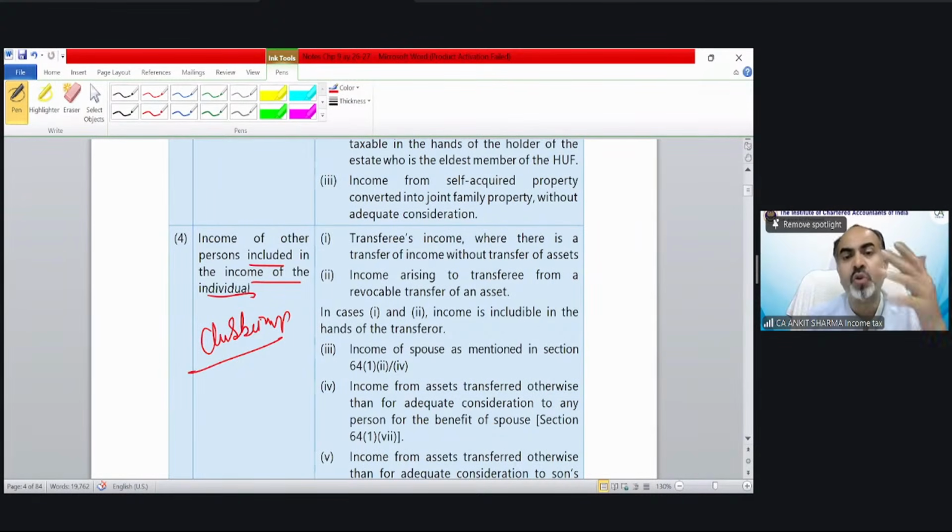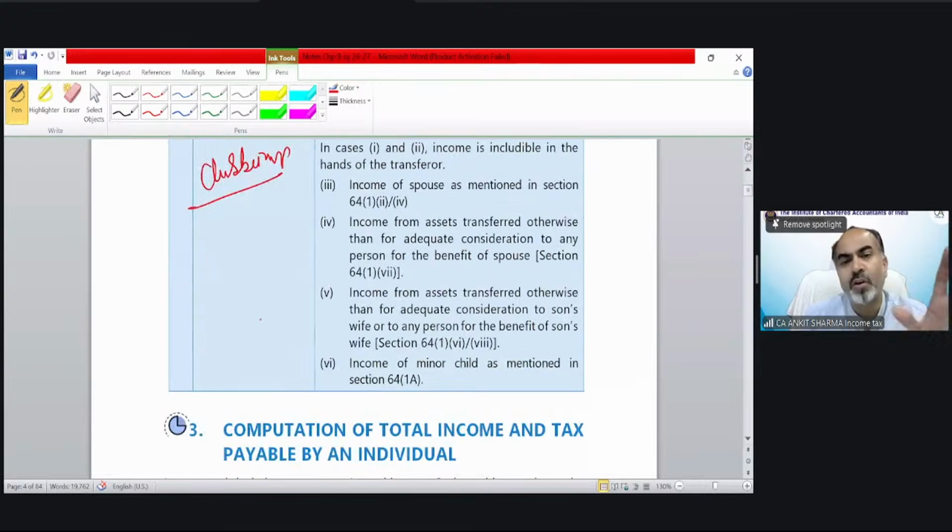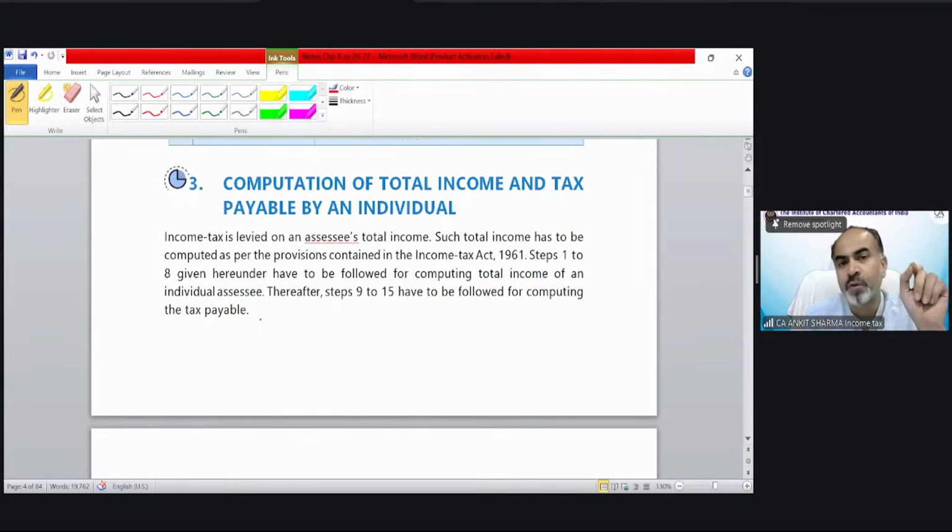So you have already gone through this concept of clubbing. So these are also going to be part of your income for calculation of your total income. Understood? Any confusion, any query? Actually, we did not discuss anything new. We are just going through the provisions we have already gone through in the previous chapters.